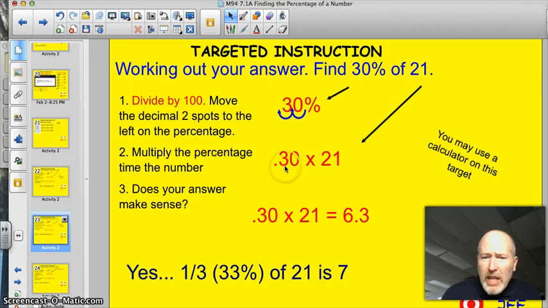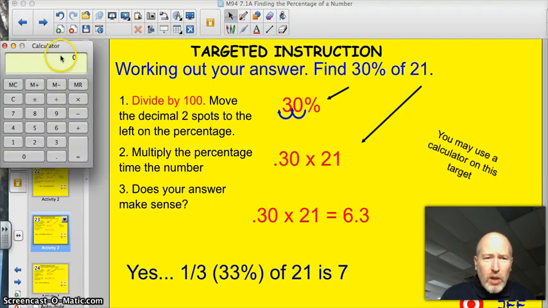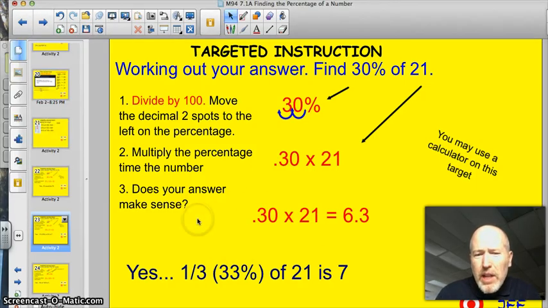We multiply that decimal times whatever number we're trying to work with, which in this case is 21. Here's my calculator. So 0.3 times 21 equals 6.3. Number 3, does your answer make sense? Well, yeah. 1/3 of 21 is 7, so 0.3 is going to be really close, and 6.3 is close.